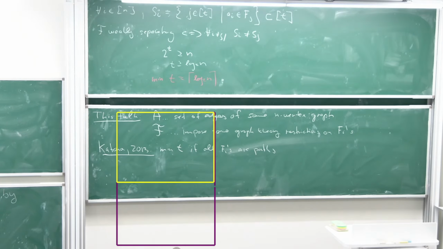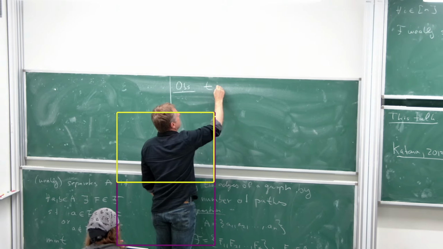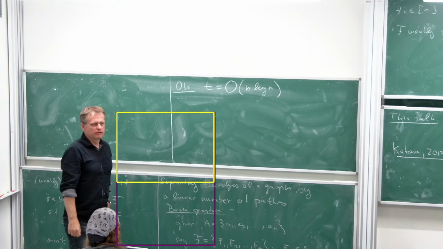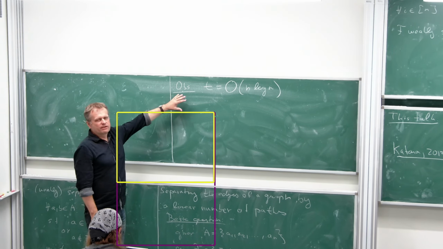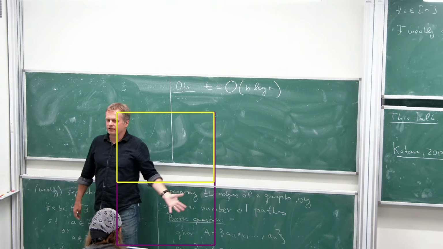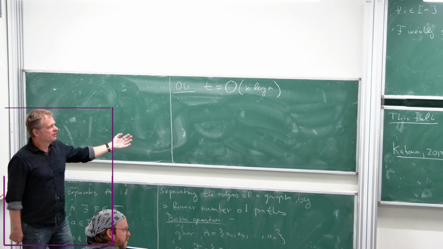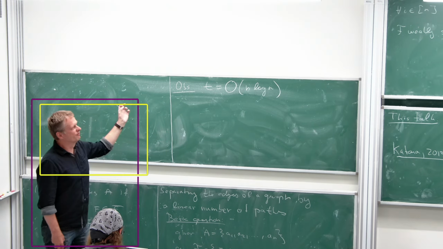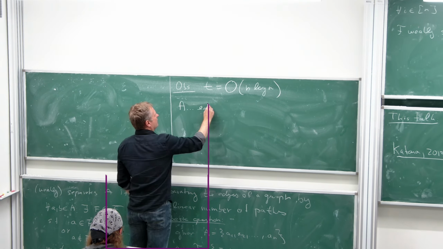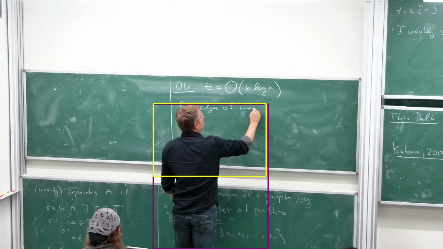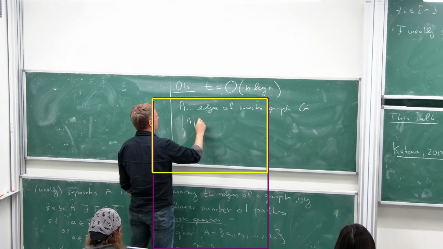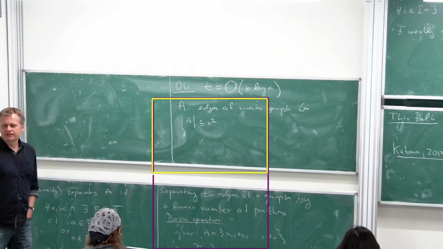So I would like to first convince you that our t can be of order n times log n. I would like to show you that every graph can be separated, be it weakly or strongly, with n times log n times some constant. And how am I going to do it? It doesn't matter whether we consider weak or strong separation. So again, A are the edges of some n-vertex graph. The size of A is surely bounded by n squared.